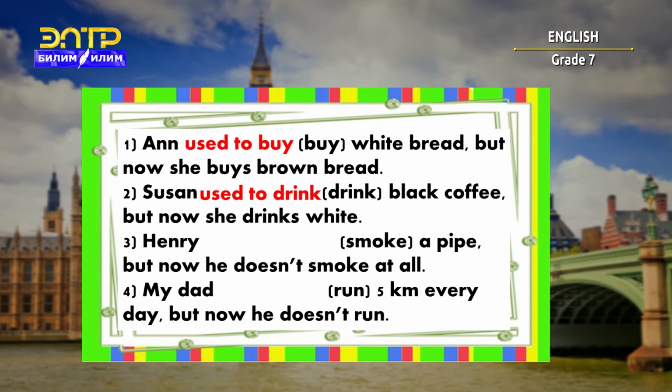And the next one: Henry used to smoke a pipe, but now he doesn't smoke at all. And the last one: My dad used to run 5 kilometers every day, but now he doesn't run. Good job! Let's move to the next task.